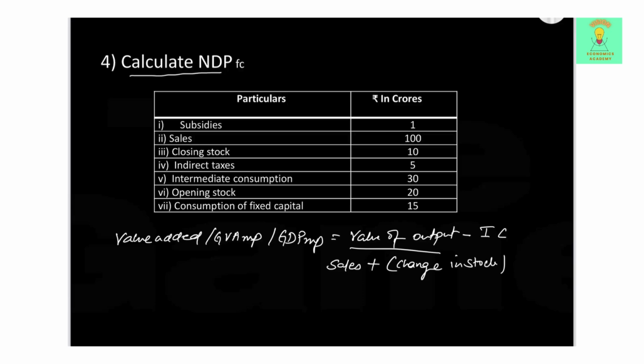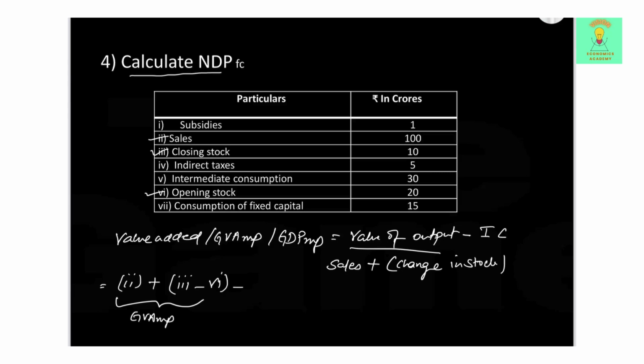Okay, with this background, we have sales, that is number 2, plus change in stock is closing stock number 3 minus opening stock number 6, right? So we got GVAMP.